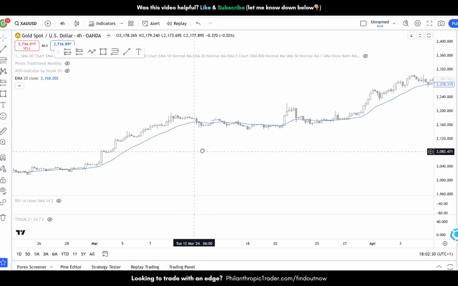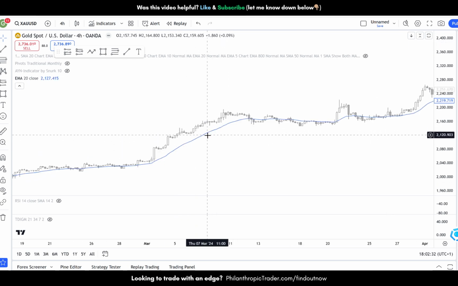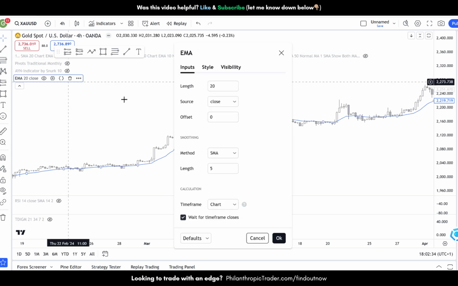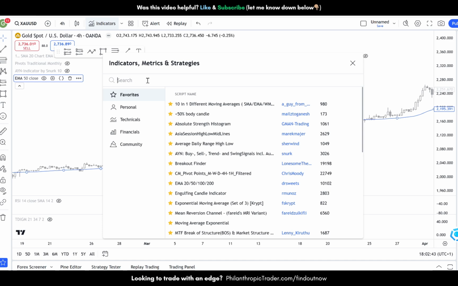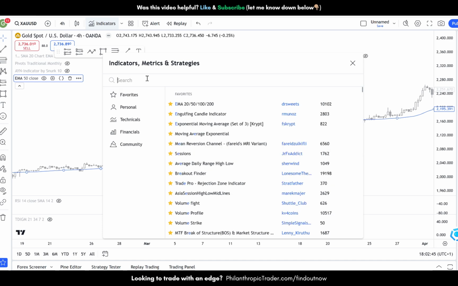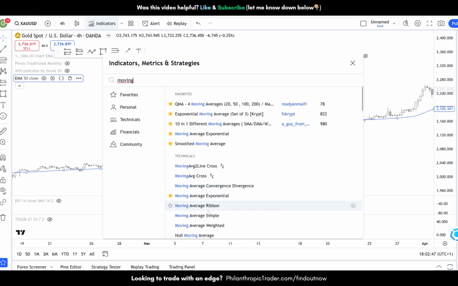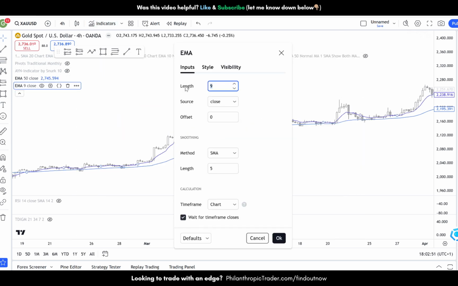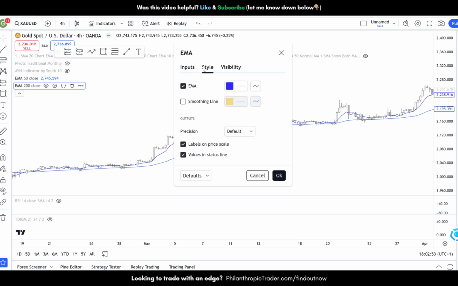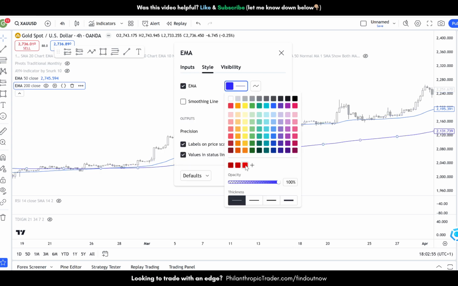It shows you the average of the last 20 bars. What do many traders use? They use the 50, and we can also use again moving average, and they use the 200 over here. And let me give it a red color, for example.